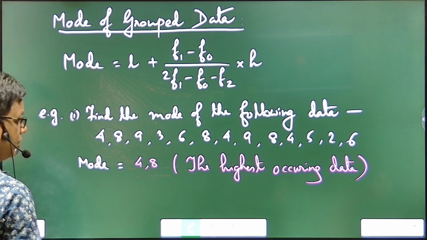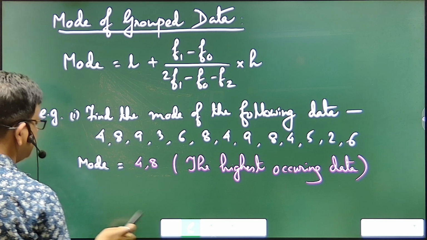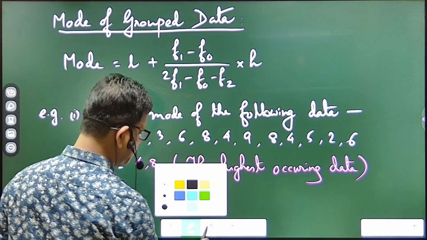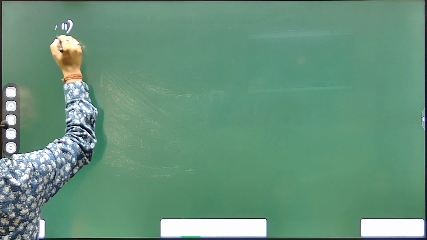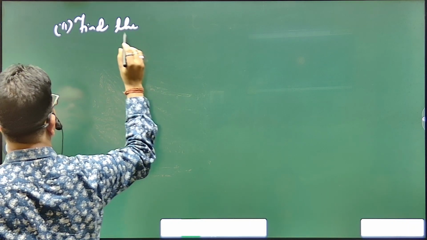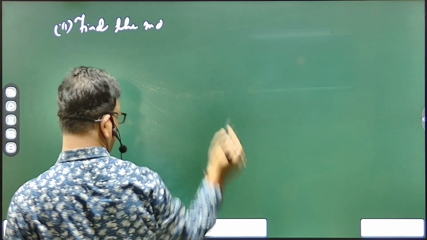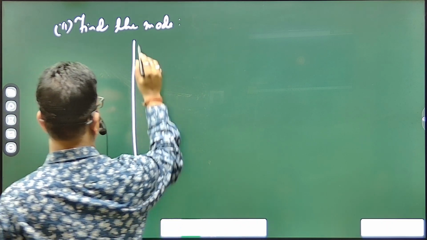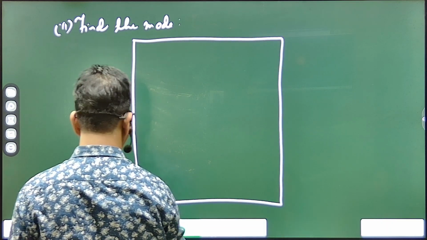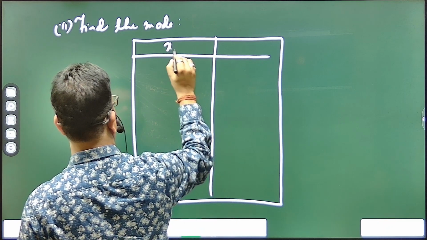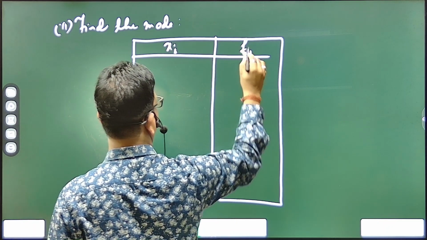Now to start the tabular form, I give another example. Write the second example. Number 2, find a mode of the given data once again. Suppose the data is given in this tabular form. We write here xi, and here fi.